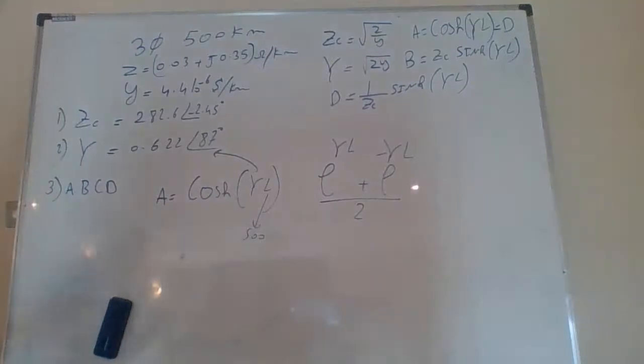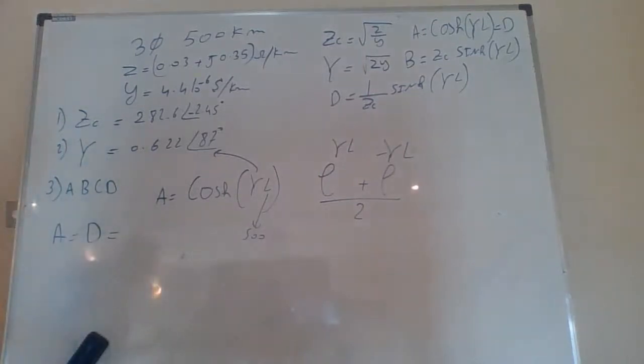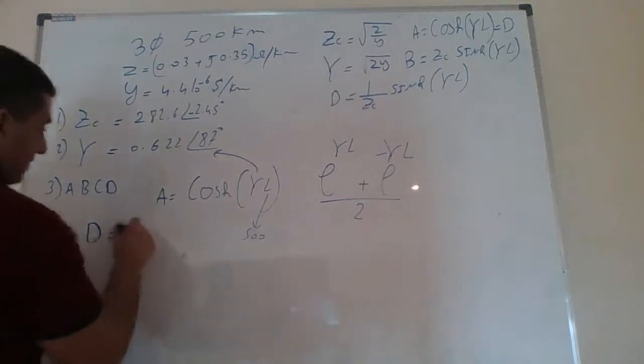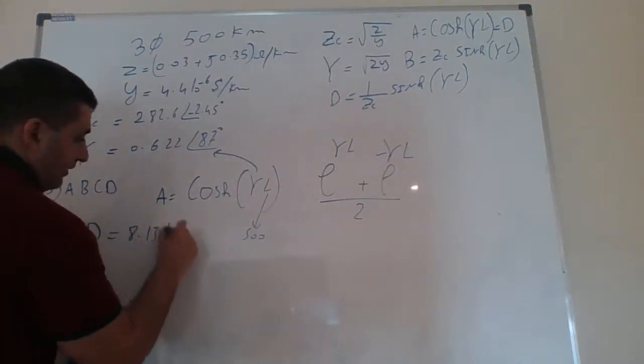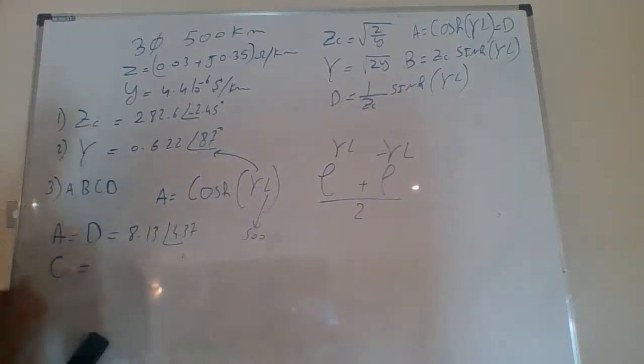A equals D. The answer for A and D is 0.813 angle 4.37.